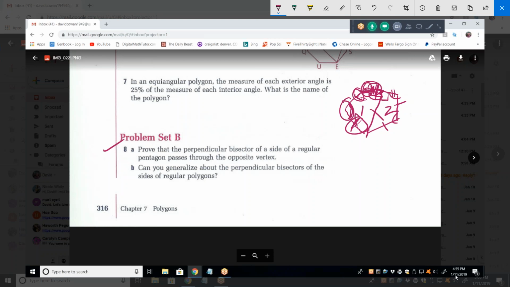Can you generalize about the perpendicular bisectors of the sides of regular polygons? Well, if we draw a triangle, it works for that.